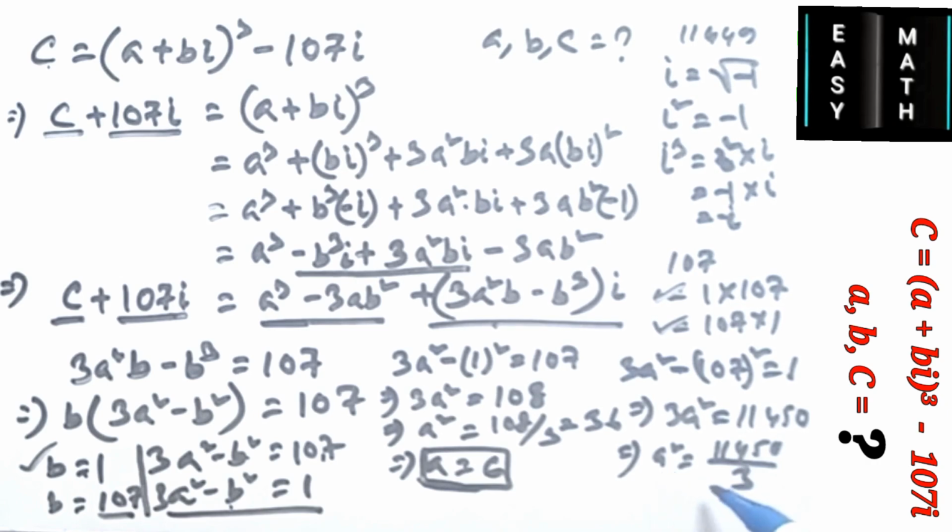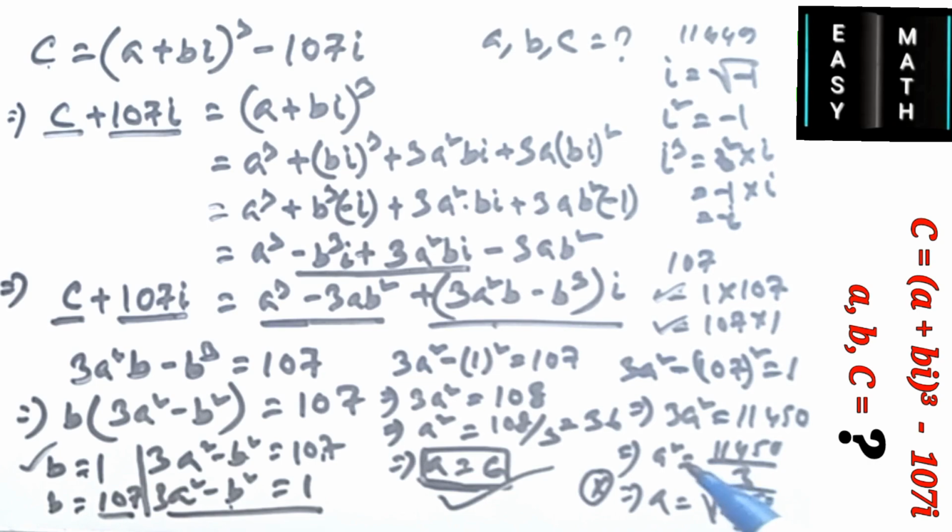So a value is root of this, and this is fractional, so we don't take this, only take this. A value is this 6.